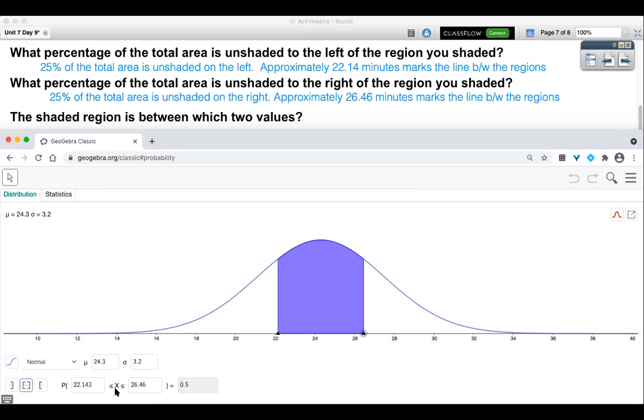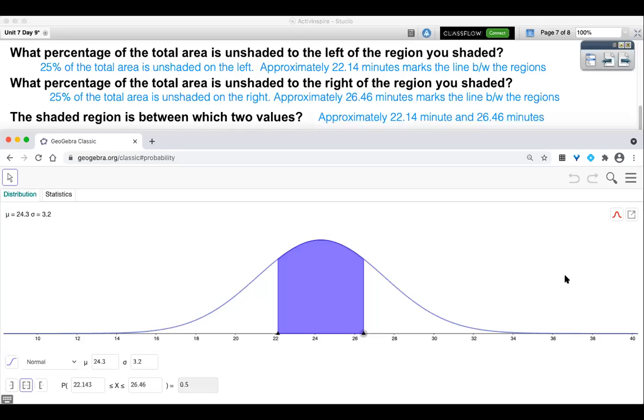So these are the two values that the shaded region is between. What would I write for this last question? I would write that approximately 22.14 minutes and 26.46 minutes is what's shaded, right? The shaded region is between these two values, 22.14 minutes and 26.46 minutes.